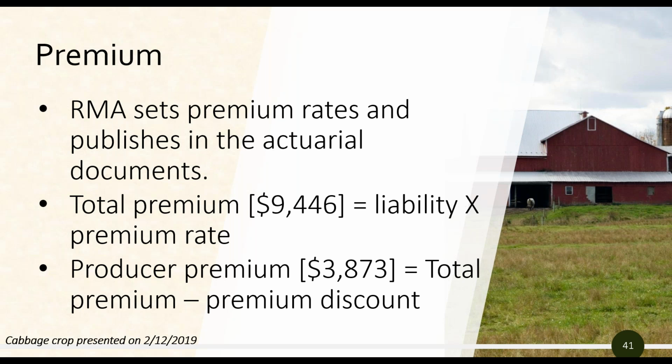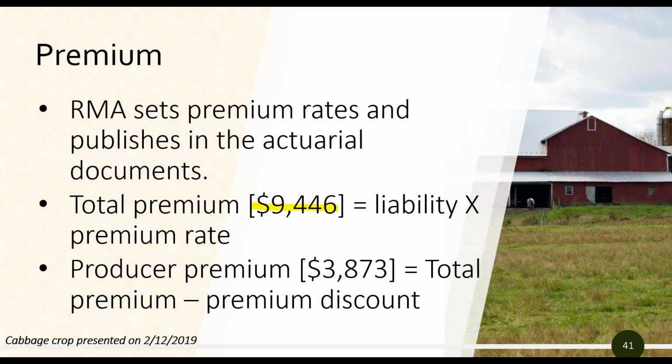Remember that the Risk Management Agency sets the premium rates and publishes that information in the actuarial documents. So in our example today, based on the last two slides that we discussed, the total premium is $9,446. In order to get that total premium, you take the liability from the previous slide, which was $67,470, and you multiply that times the premium rate that you can get with that premium calculator.